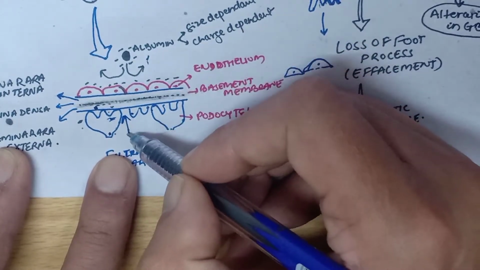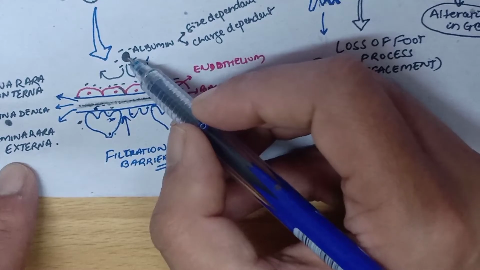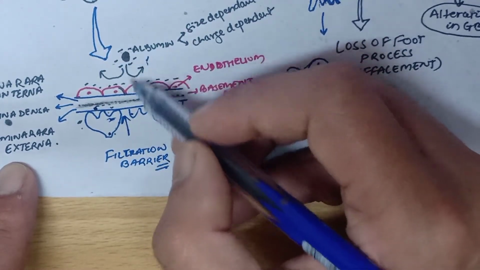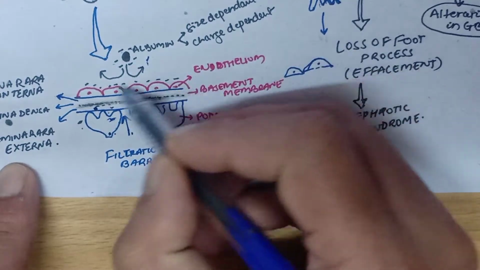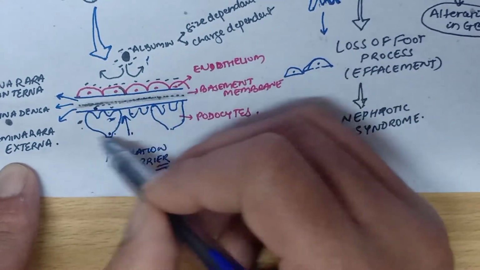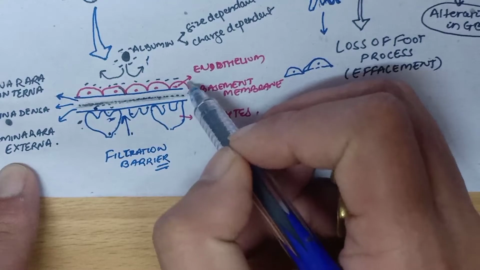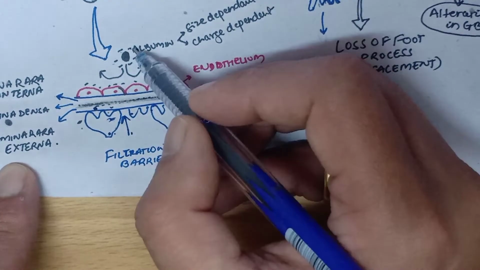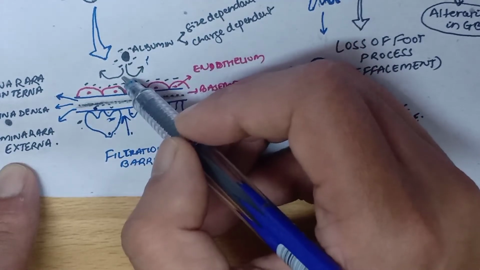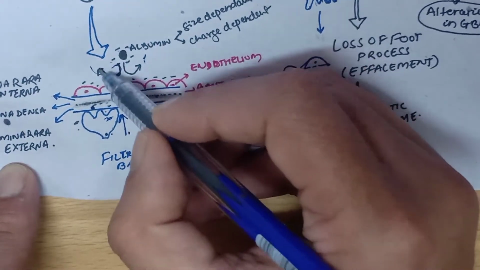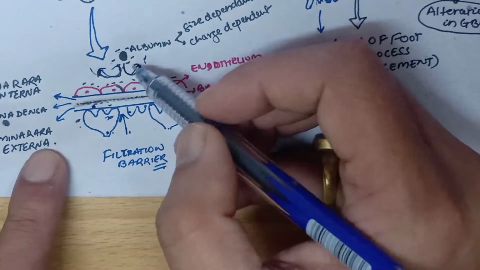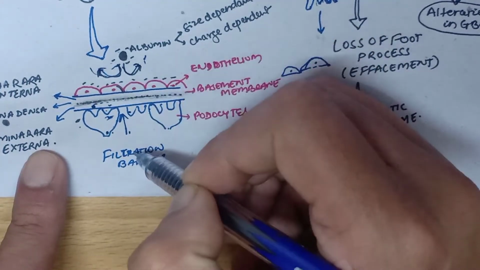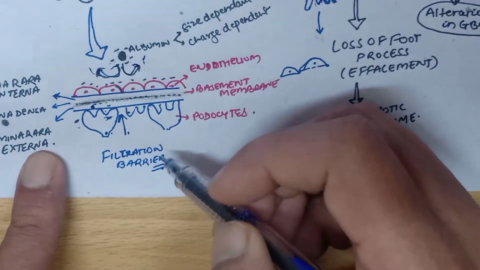Proteins like albumin are negatively charged, and this filtration barrier is also negatively charged. So when albumin comes to the filtration barrier, it gets repelled. So albumin and other larger proteins will not get filtered through the filtration barrier.